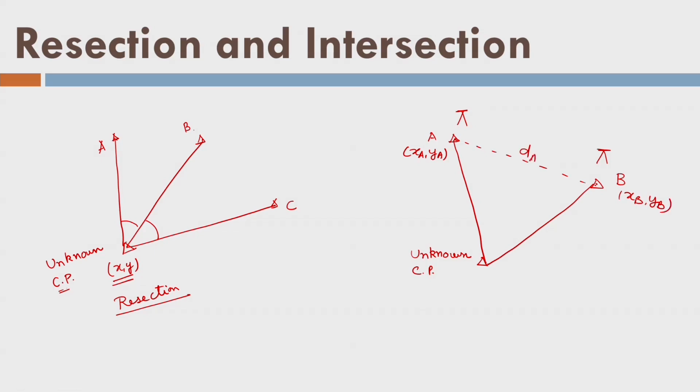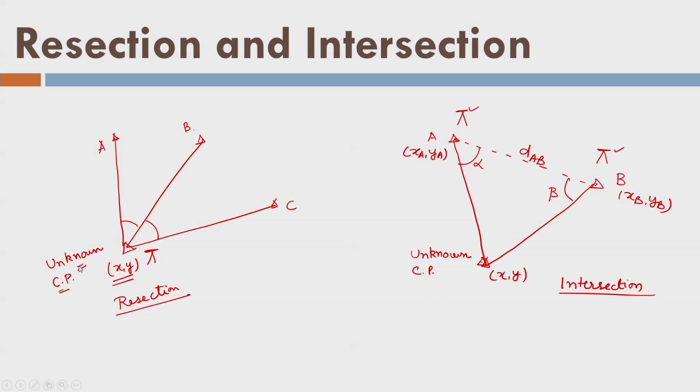So, this distance is, let us say, dab, and also we observe this angle alpha and beta. So, now I can fix this point and I can find out the coordinates of the unknown point as xy. So, this process is called intersection. In intersection we have observations from A and B, the known control points, and in case of resection I have observations from the unknown control point.